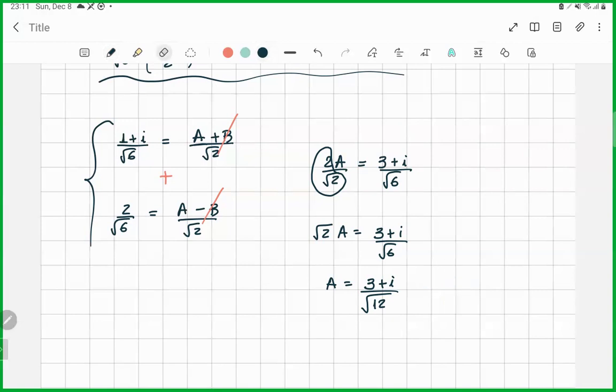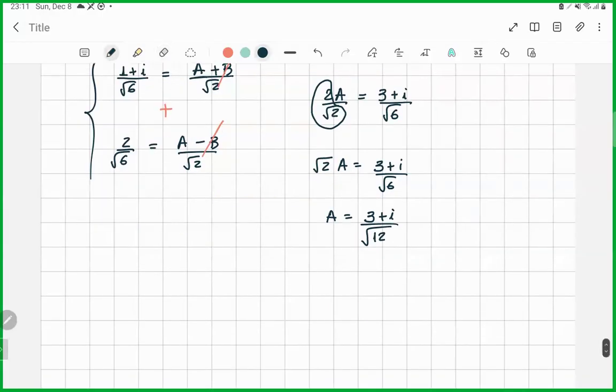As we said, the probability is going to be the absolute value squared of A. So the probability is going to be 3 minus i multiplied by 3 plus i divided by 12. So here we get 10 over 12. Now we can simplify. This is 5 over 6.